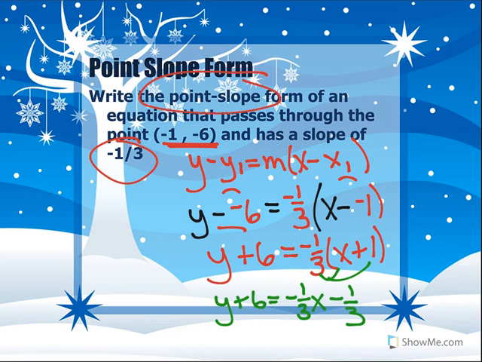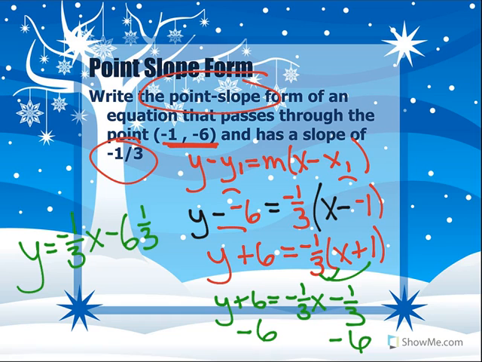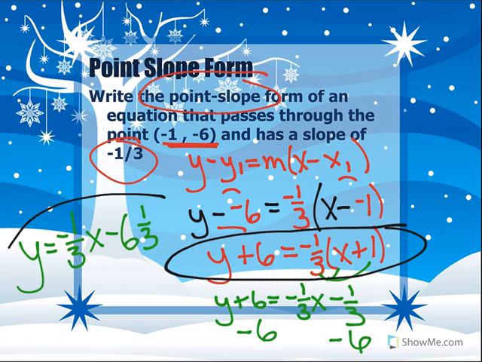Then to solve for y, I'd subtract 6 from both sides, so I'd get y equals -1/3 x minus 6 1/3, if we want to use a mixed number. Again, if it's asking for point slope form, we leave it like this. If it's asking to simplify to slope-intercept form, we would simplify and write our equation like that.